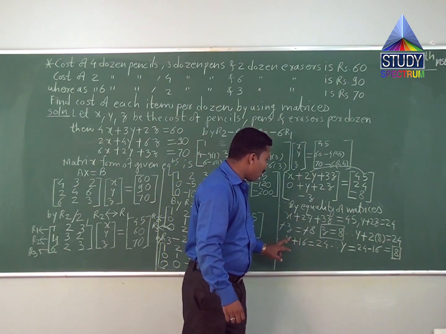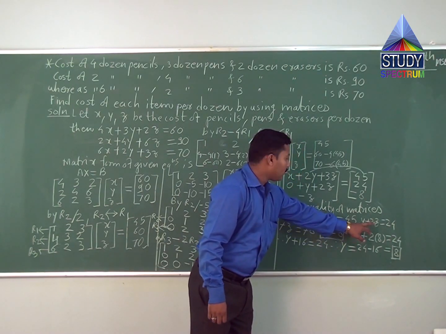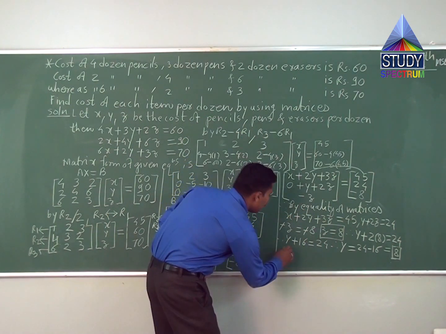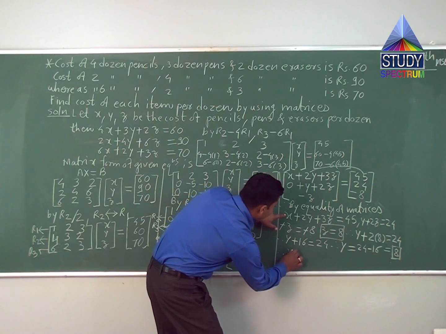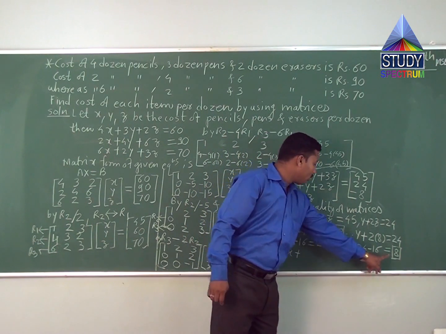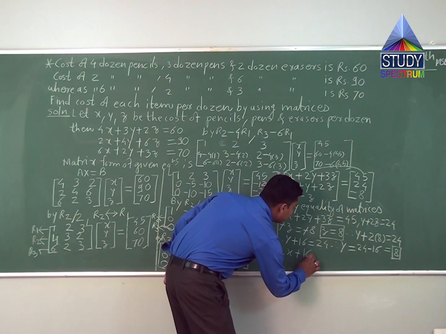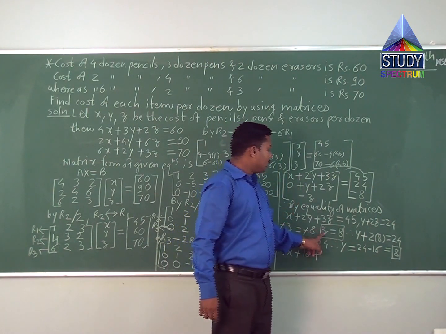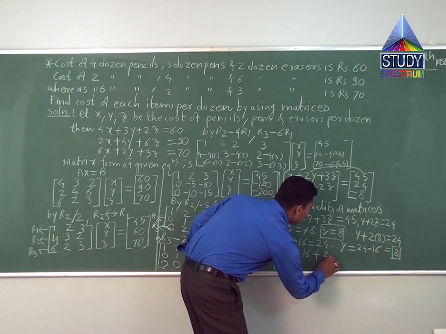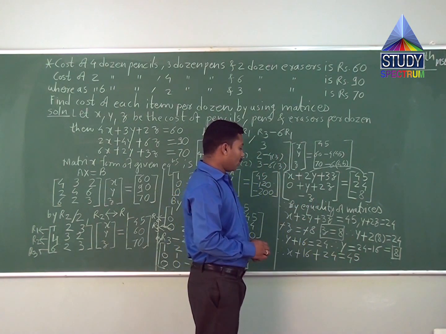By putting the value of y equal to 8 and z equal to 8 in the first equation, we get the value of x. Therefore x plus 2 into y, y equals 8, so 2 into 8, 16, plus 3 into z, 3 into 8, 24, equals 45.